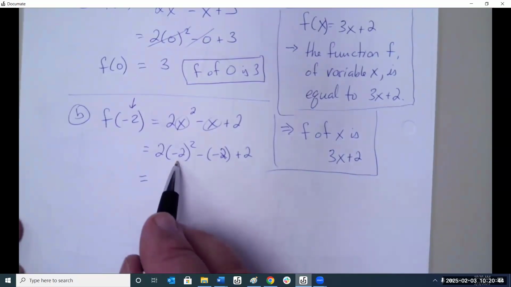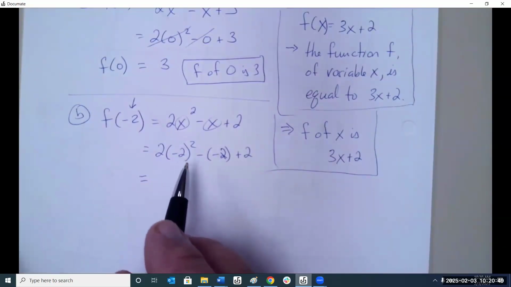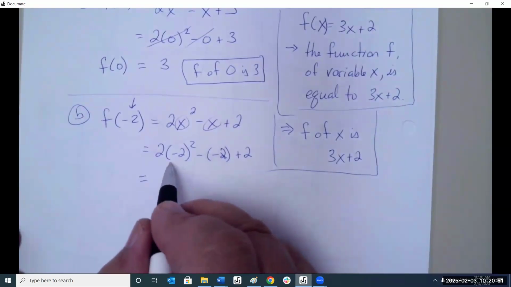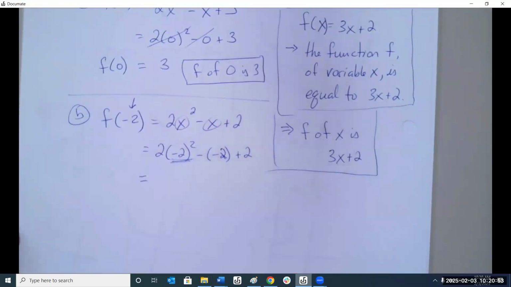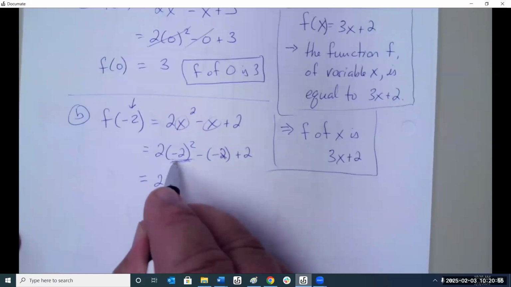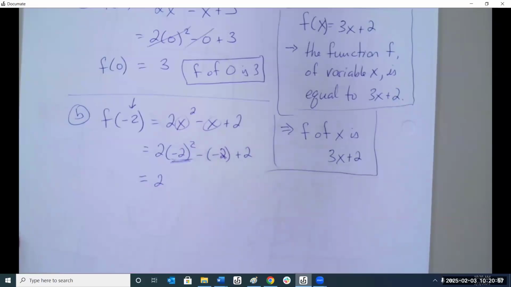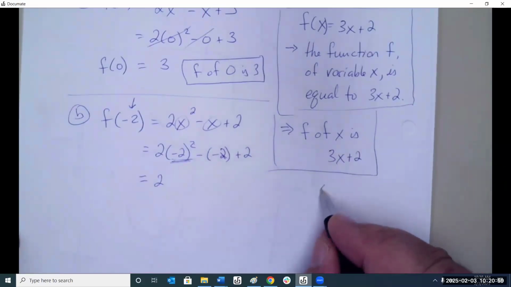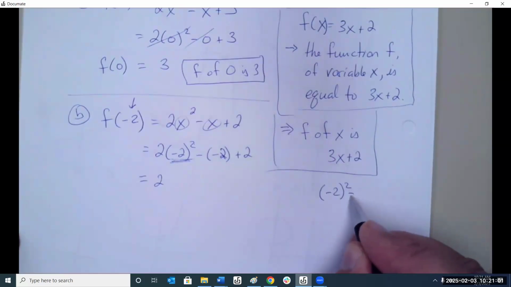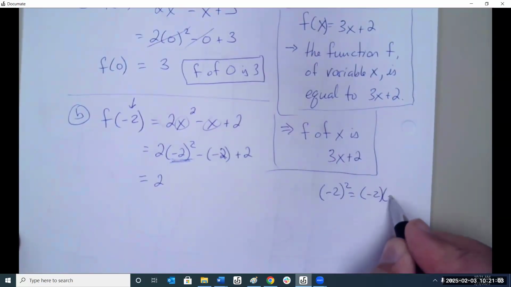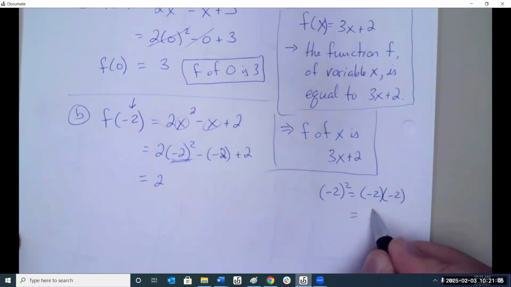Can we do anything inside the parentheses? No. Can we do any exponents or square roots or anything? Yes, here's an exponent right here. So negative 2 squared means what? Negative 2 squared means negative 2 times negative 2, which is positive 4.